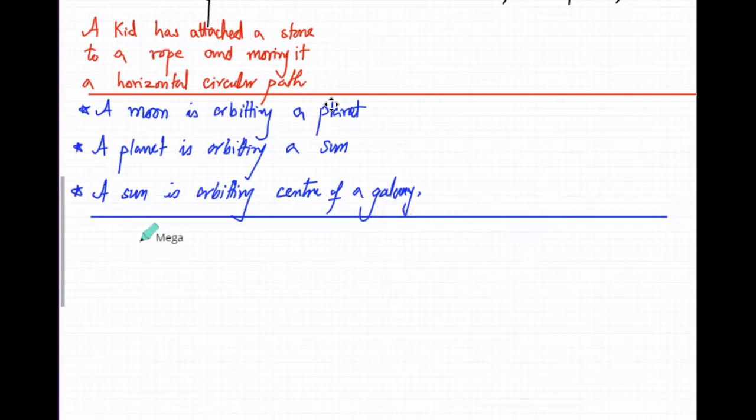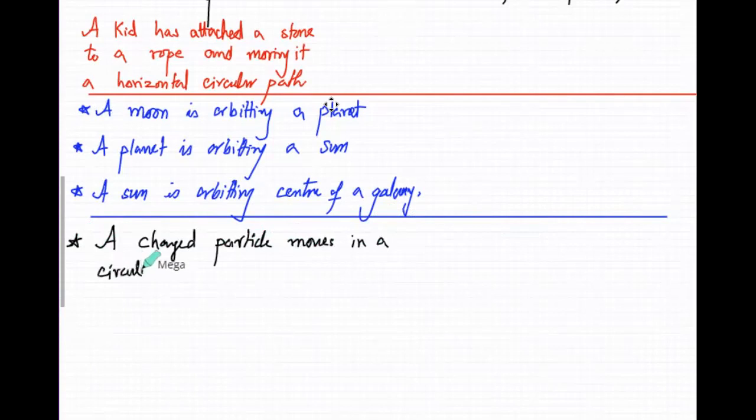Then we go to the next one, which is a charged particle moves in a circular path inside a magnetic field. So what provides centripetal force in this case?